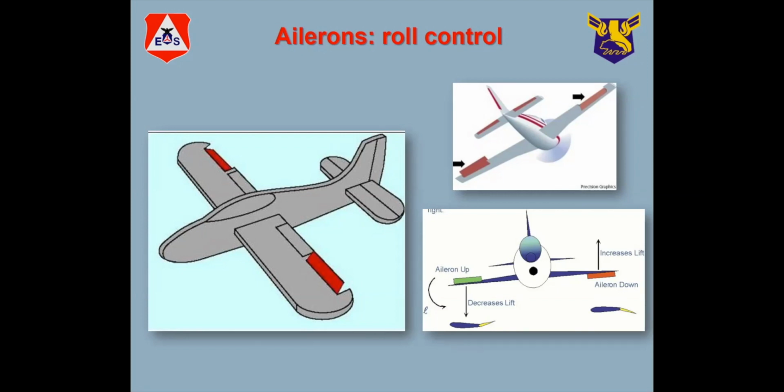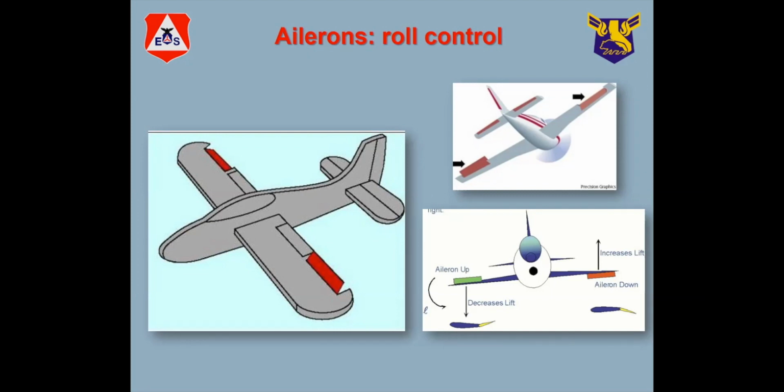If you were to imagine that we had two people standing on those two wingtips, and the one on the right side was standing under the wingtip and pushed up, and the other one pushed down, which way would the aircraft want to lean?